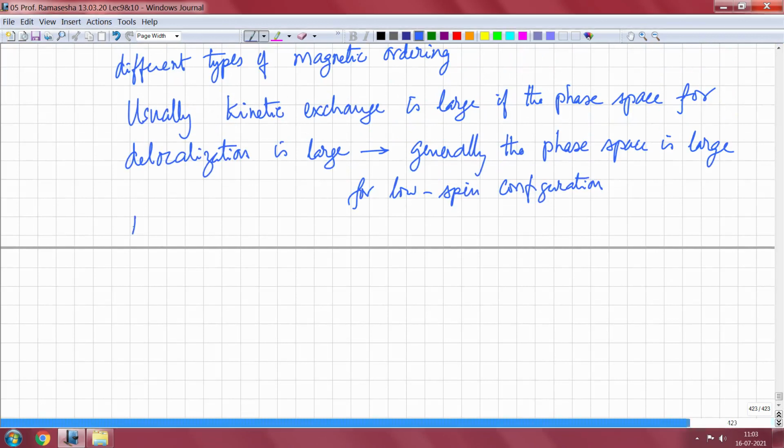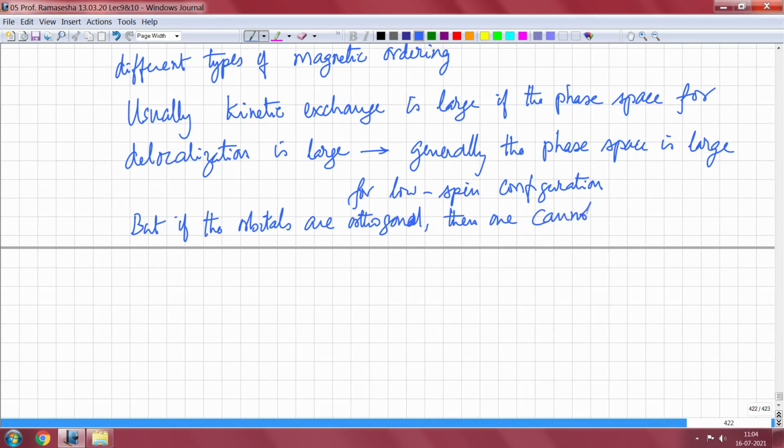But if the orbitals are orthogonal, then one cannot delocalize the electrons. But you still have direct exchange, and so this leads to ferromagnetic interactions.